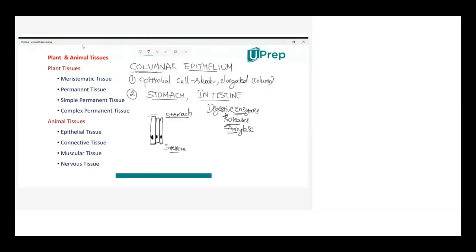So when we are saying that the enzymes will break all the proteins or the carbohydrates, what they're doing is the rupture. The function of digestive enzymes is rupturing or breaking up the molecules.